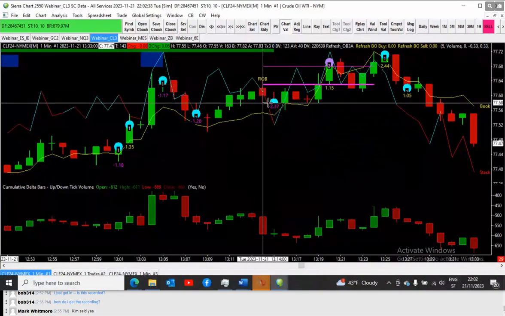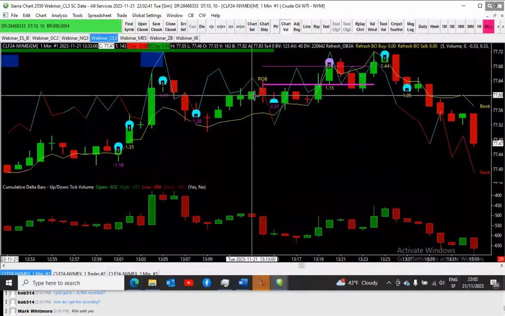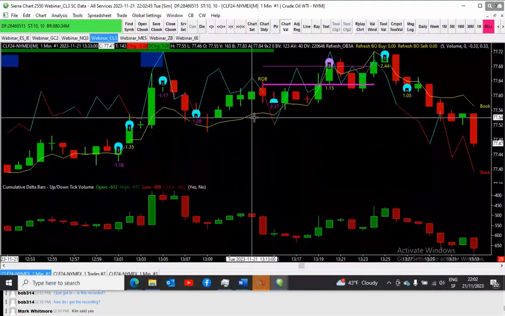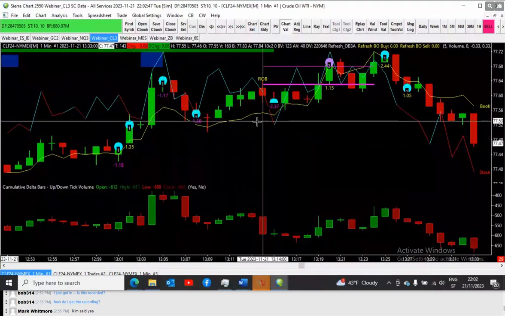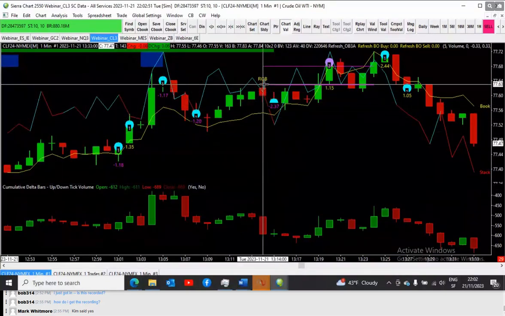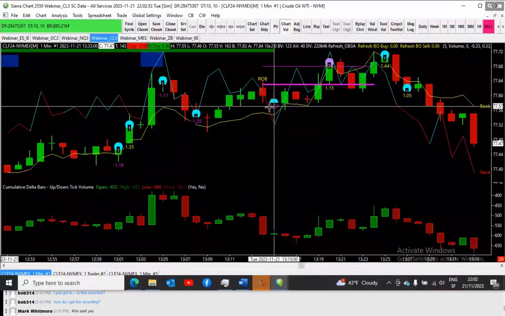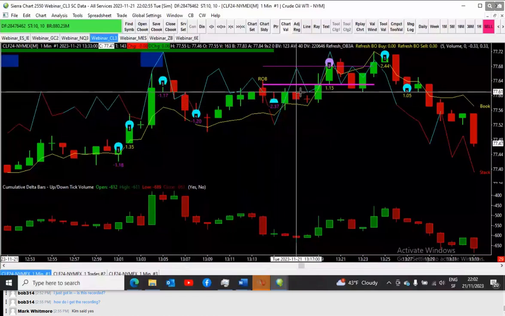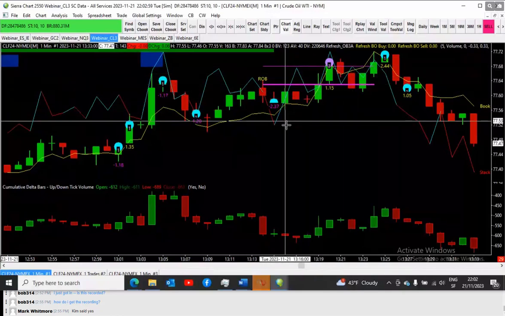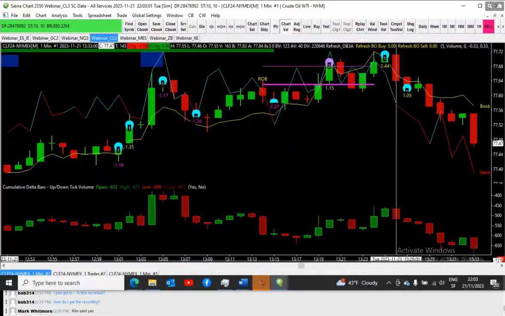The stacking's starting to move down, so that's okay. The book overall is pretty flat, so no strong indication there. Delta is down. So again, you get a few ticks out of that, but it's not a great trade by any means, but certainly you can make some profit and get to break even.